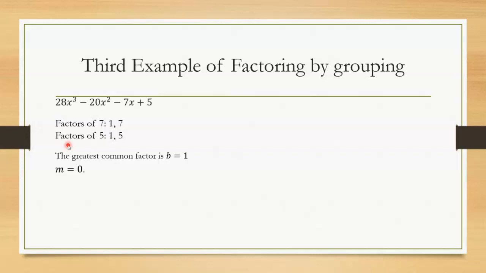Smallest exponent of x is 0, excuse me. So you can't factor out x at all. What does this all tell us put together? It tells us that the GCF of this whole thing, that's what that bx to the m is, has to be 1. In other words, the GCF of this polynomial is 1.